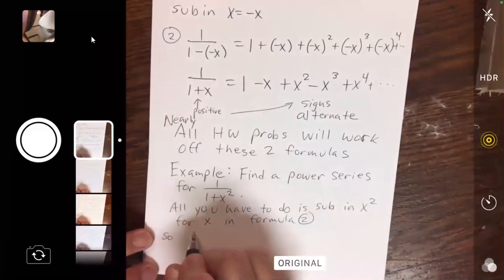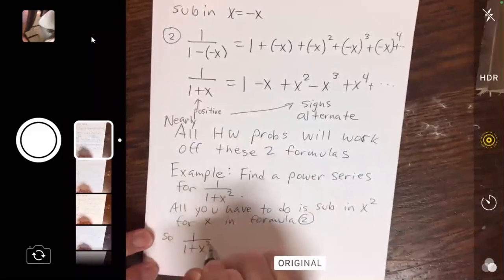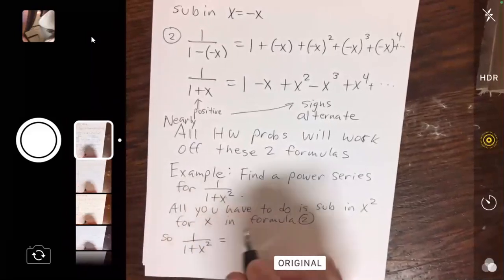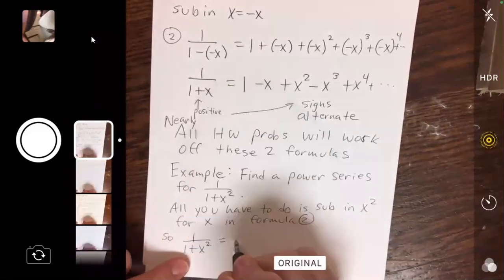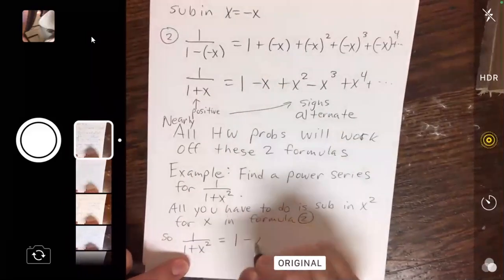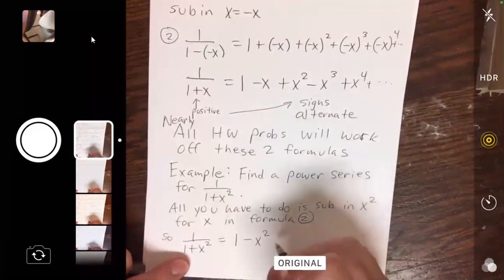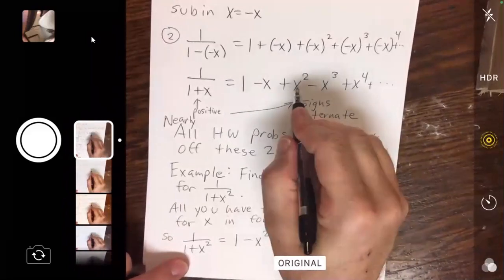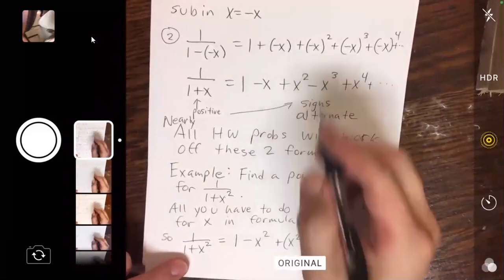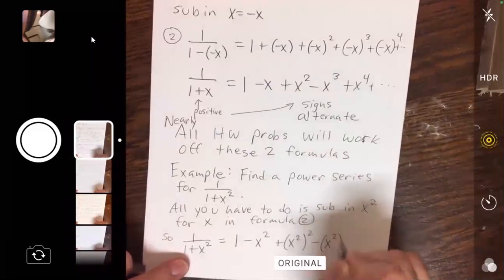So 1 over 1 plus x squared would equal, see, I've replaced x with x squared, 1 minus x squared plus x squared squared. See, I'm putting in x squared for the x, but then that's squared, minus x squared cubed.